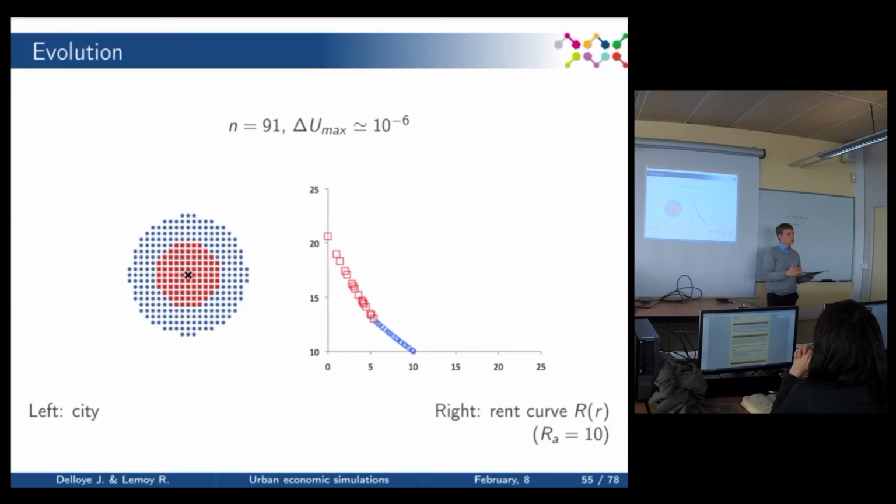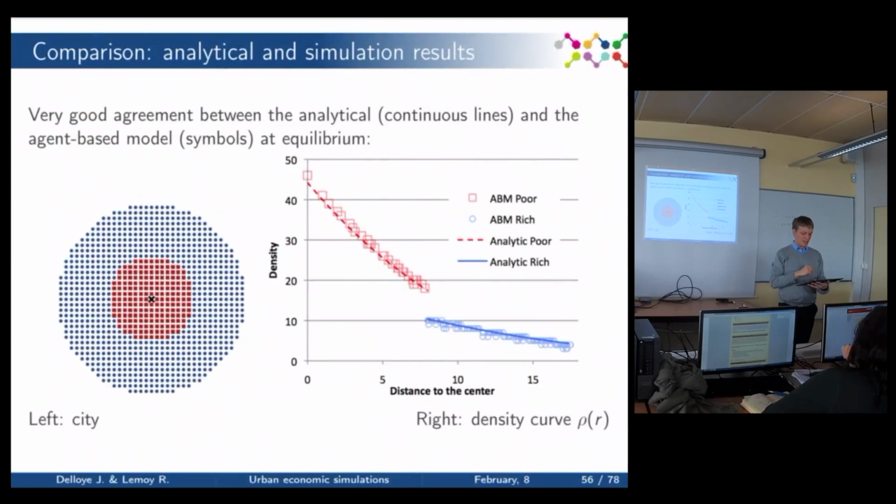People have a basket of goods, so they choose between housing surface and the composite good. So people are equally happy everywhere because some people in the very center have a very small housing surface. So this is the rent, but let me go to the next slide and I will be able to explain this in more detail.